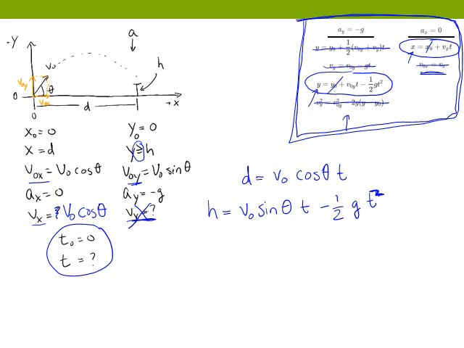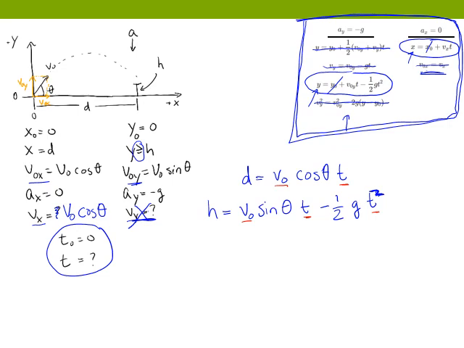All right, now I have two equations, and they both involve v naught. So I have a pretty good chance of being able to solve for v naught using these two equations. The other unknown I have is time, of course. Now, I have two equations and two unknowns, so I'm guaranteed a solution, as long as these are two independent equations, and they look independent.